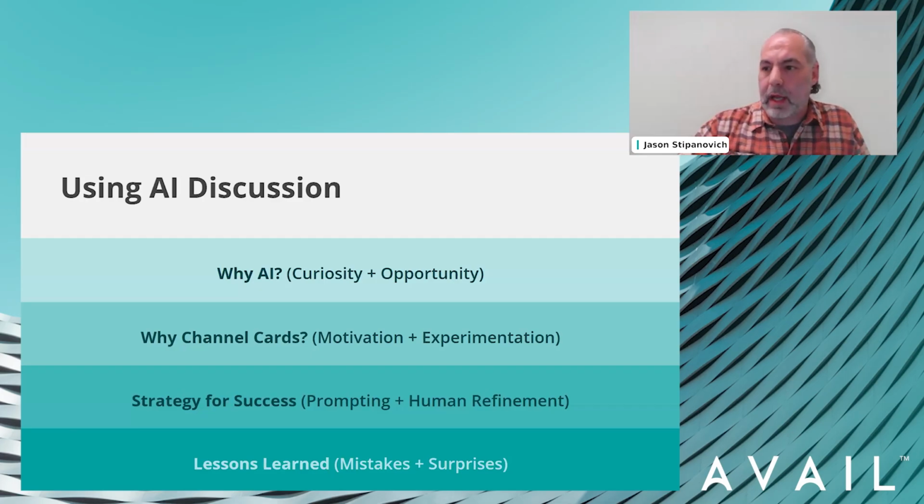AI is really good and very encouraging when you know a concept but you're not exactly sure how to execute it. That's one of the biggest ways, besides the prompting, that it helped me with the channel cards: taking my concepts from idea to reality within my own skill set.